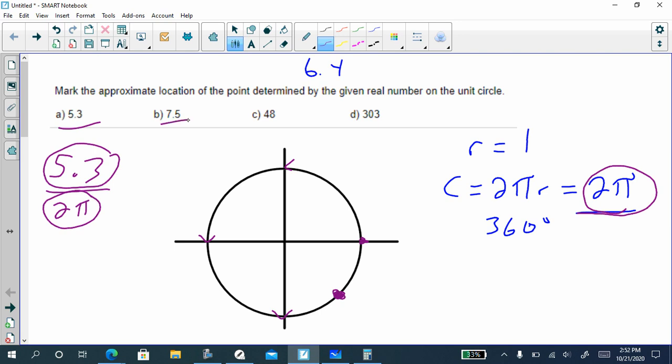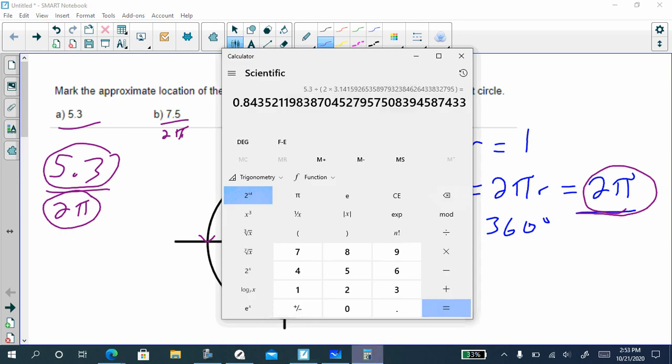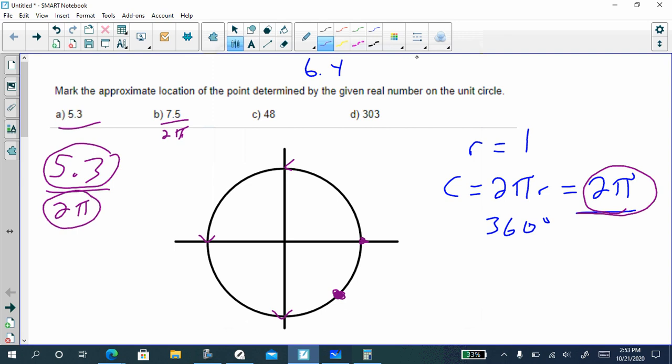If we take 7.5 and convert that into a percent of a full rotation, divide it by 2 pi, because there are 2 pi in one rotation. So 7.5 divided by 2 pi, and we get 1.19, or 120%.